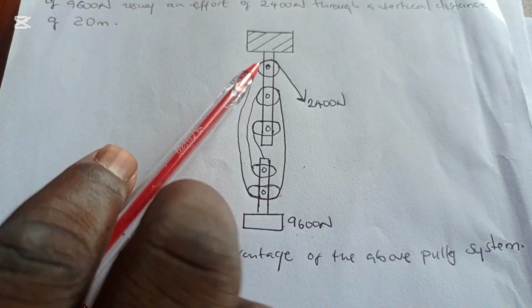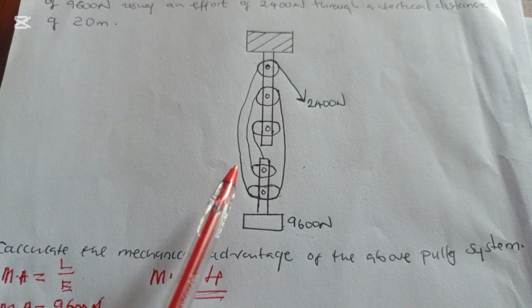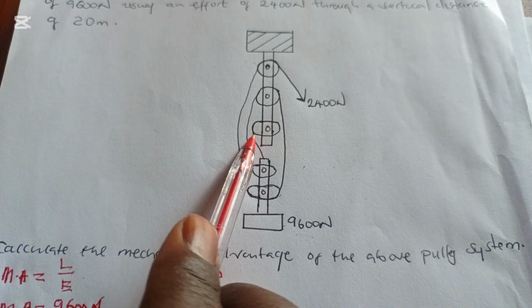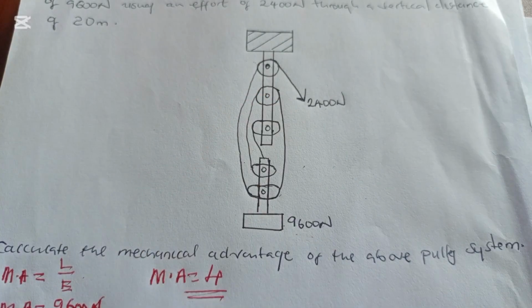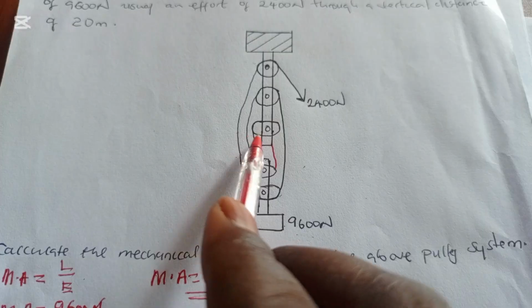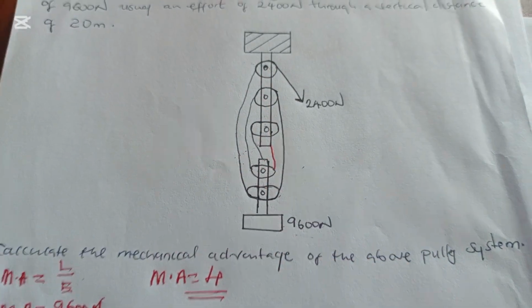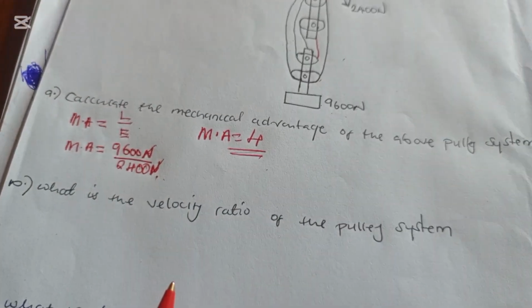So we have 1, 2, 3, 4, 5 circles, or you can count the ropes, 1, 2, 3, 4, 5. So the answer is 5.